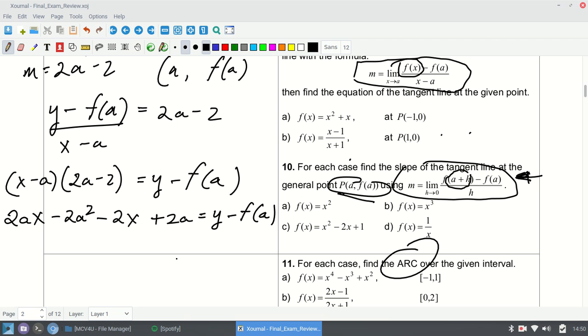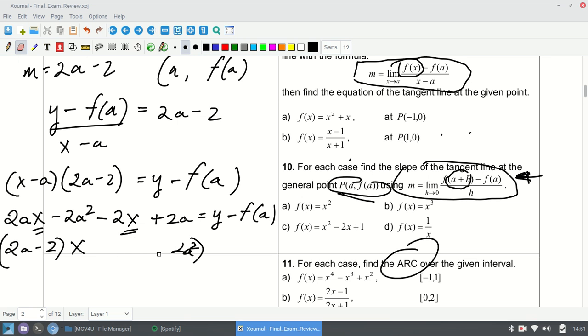There's a common term here, like terms, so 2a minus 2 of x. I could probably have done that easier though. I should have noted 2a squared. So that's the constant 2a minus 2a squared, and then bring the y minus f of a over to the other side.